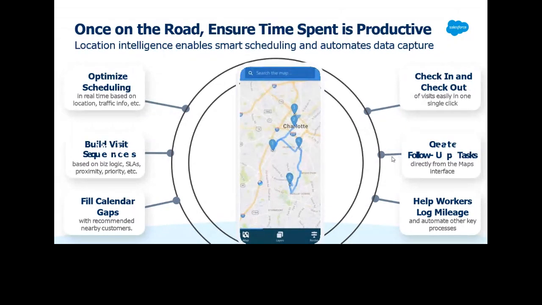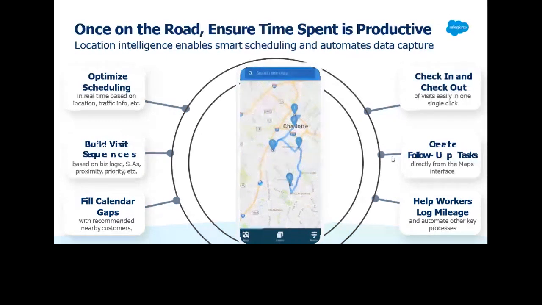And then check in and check out. This is one of the most important features in the sense that once you've visited a place, you can check in. So all your reps and all your management, if they go into the maps, they can see that, okay, Mufaddal has checked in on this district for this client. And when you check out from that place, it would signify that this particular client or opportunity has been dealt with.